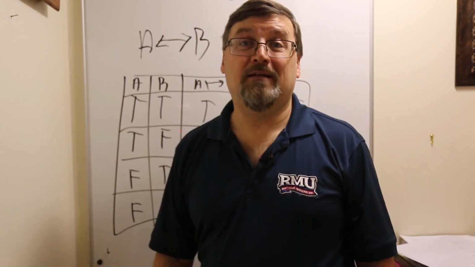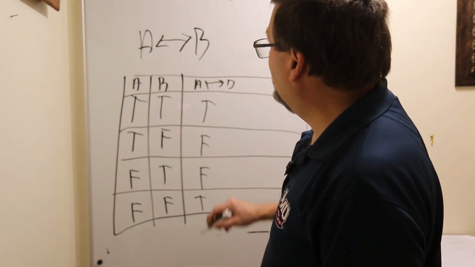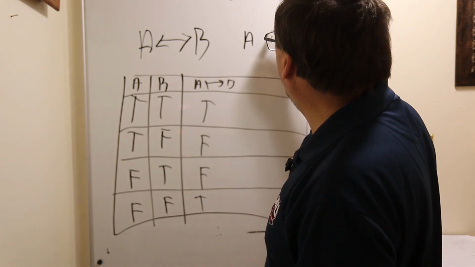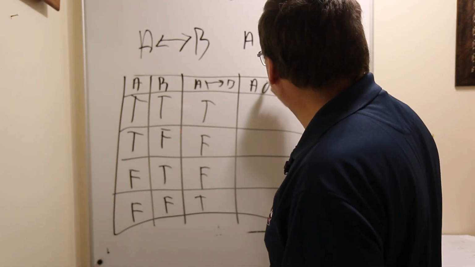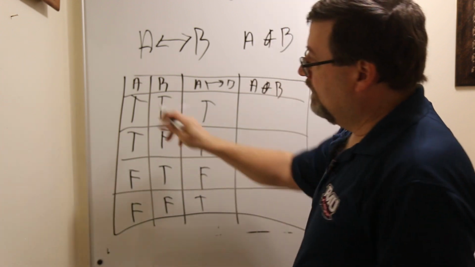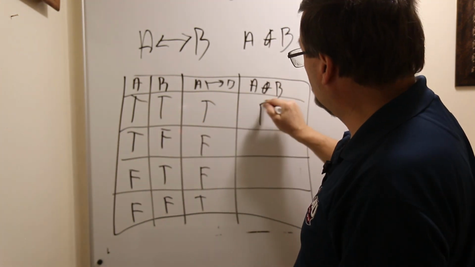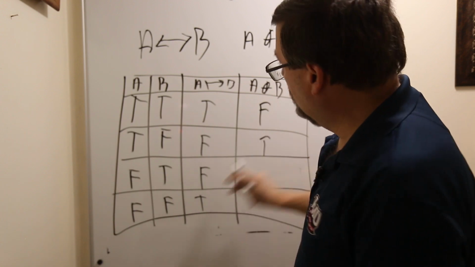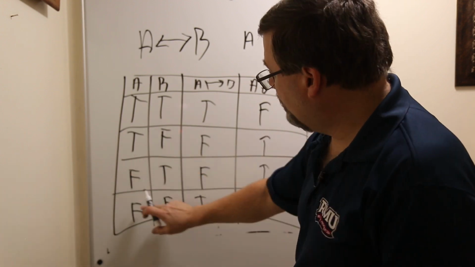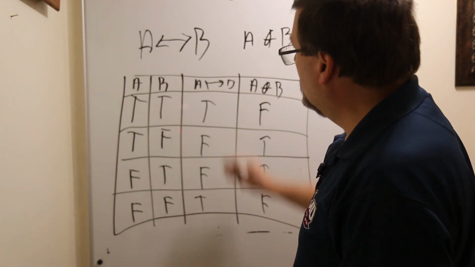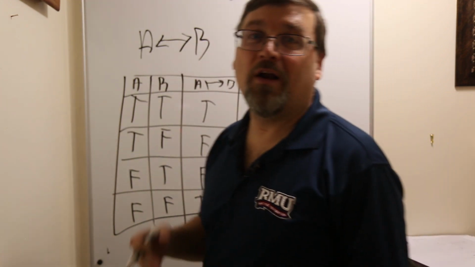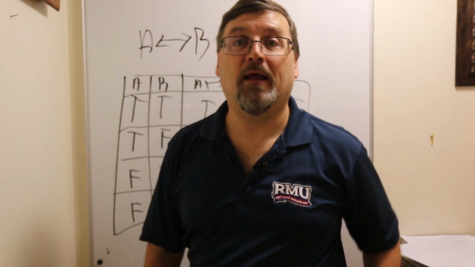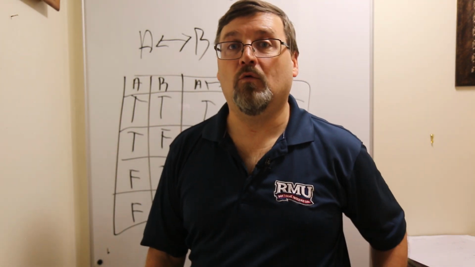Now notice that this is the opposite of A exclusive OR B. So that would be true and true is false, true and false is true, false and true is true, and false and false is false. So equivalency and exclusive OR are linked together because they're opposites. And you will see that sometimes in some of your work.